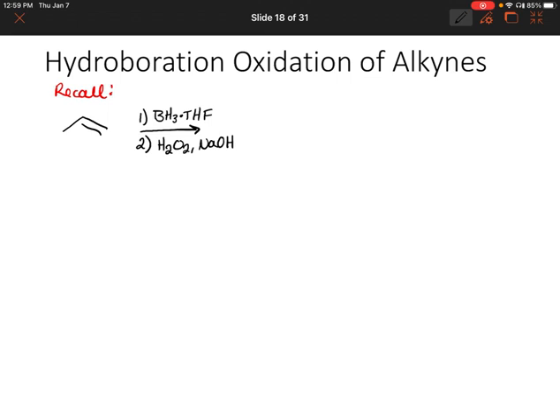Okay, so you might have to look back at your notes, but what product would we get here? So is this a Markovnikov addition reaction, or is it an anti-Markovnikov addition reaction? And what functional group ends up forming at the end?